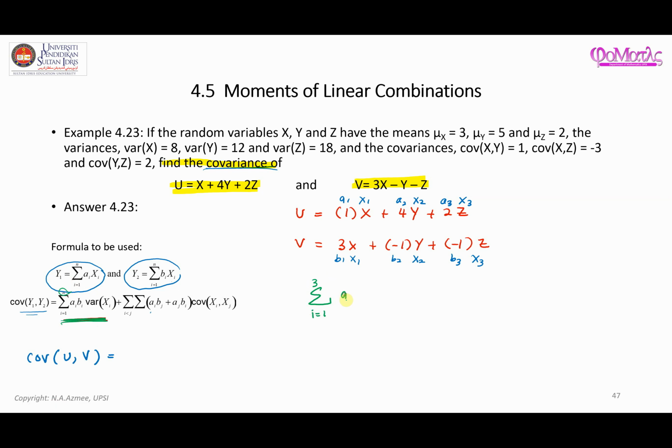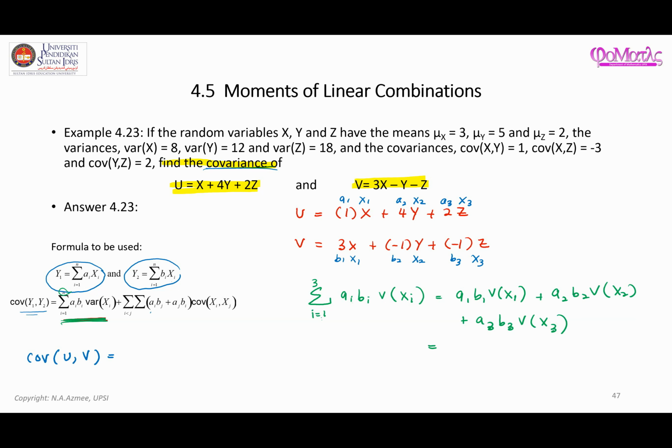Then we have ai, bi, and the variance of xi. That can be translated as a1, b1, variance of x1, substituting all the i's from 1, then moving on to 2, variance of x2, then plus a3, b3, variance of x3.